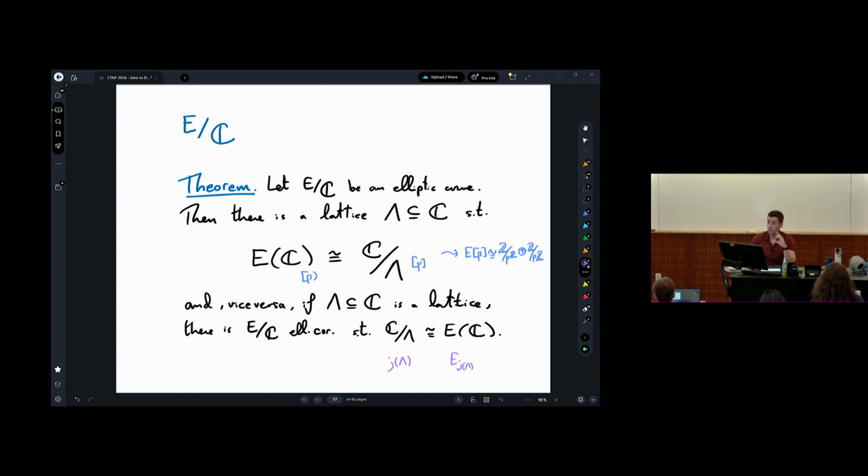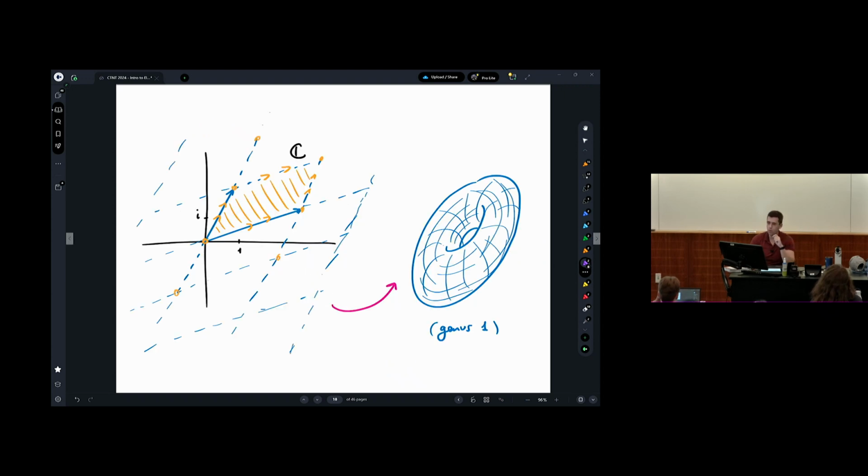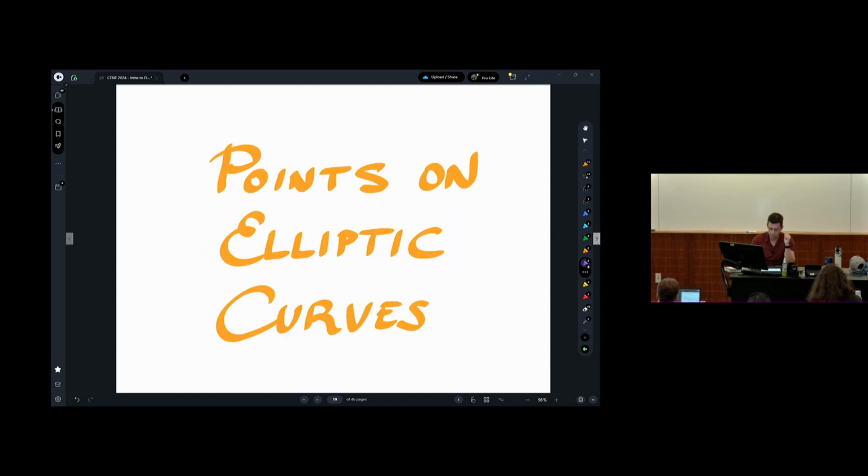The actual isomorphism, the map that sends points to points, you have to do some complex analysis using what we call the Weierstrass P function to prove where that isomorphism comes from. But yes, that's a very good point, that the J invariant is sort of like the glue between the algebraic and complex universes.